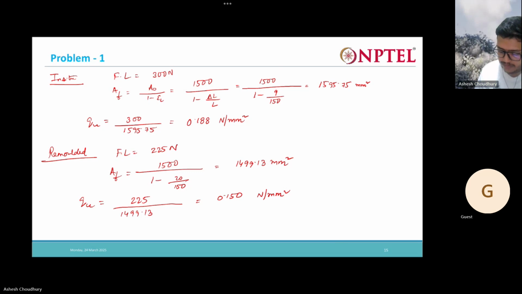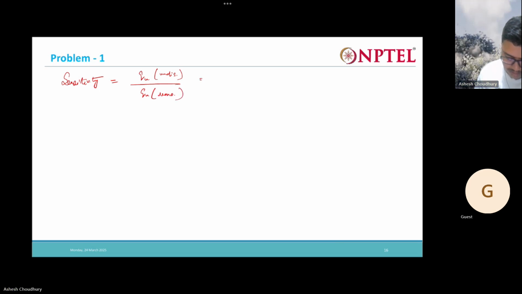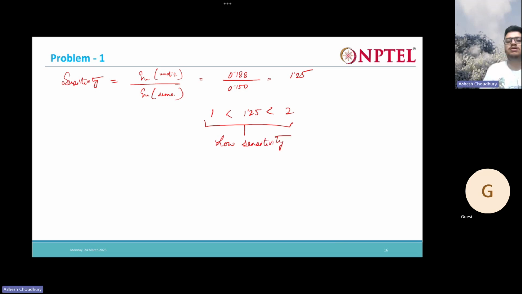Okay, undisturbed Q divided by remolded Q. If the sensitivity is generally between 1 and 2, we call it low sensitivity. Okay, low sensitive soil. Done.